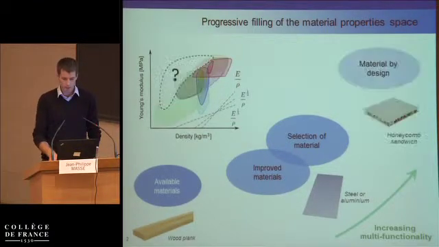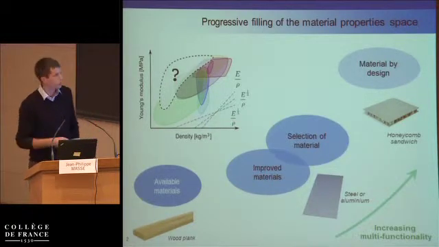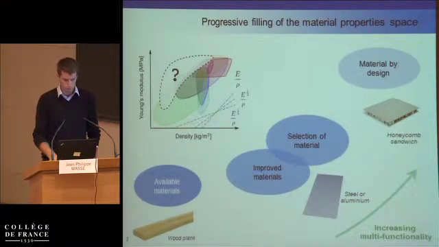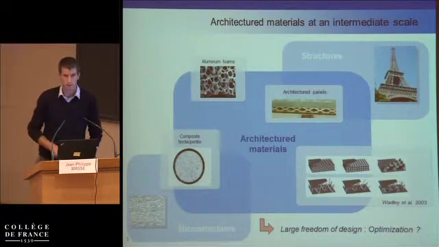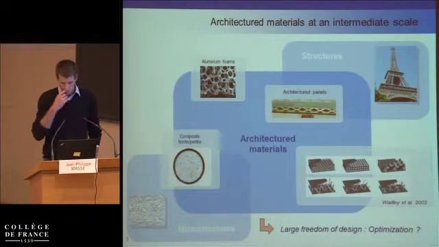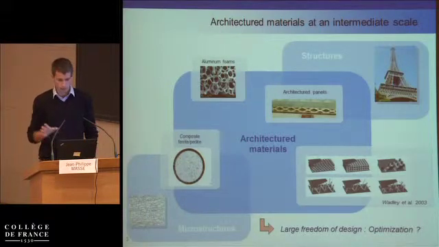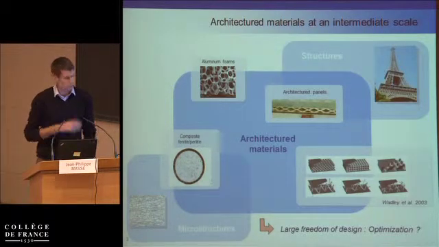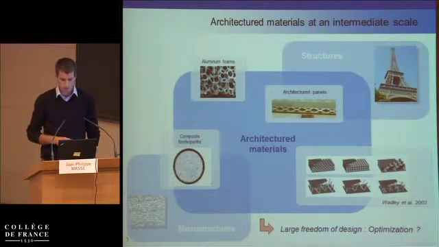multifunctionalities. And now with material by design, we try to fill the remaining gap in such a properties chart. And in terms of scale, this work deals with architecture material in between microstructures, metallurgy, and structures.